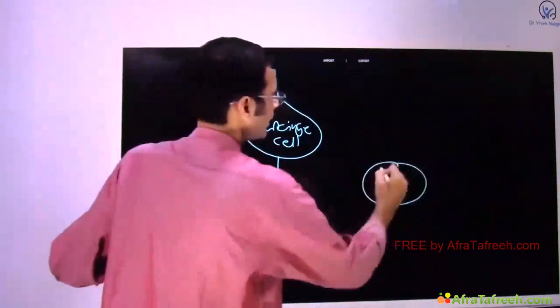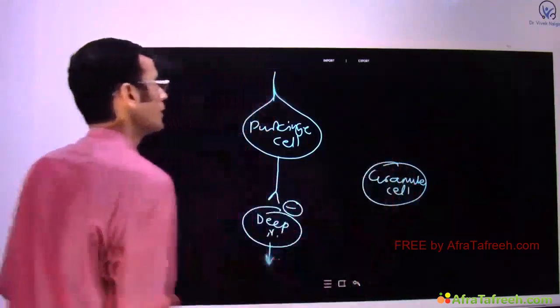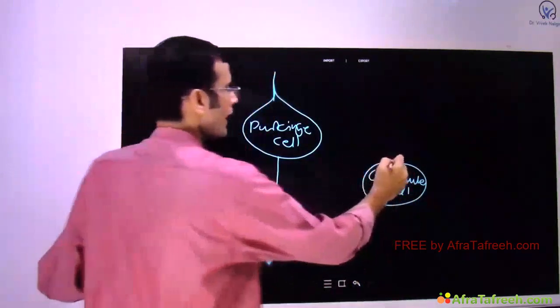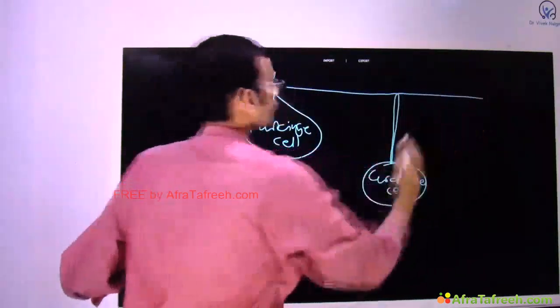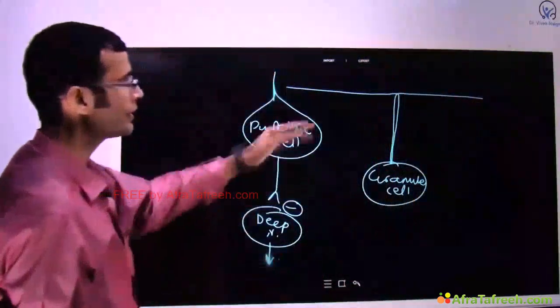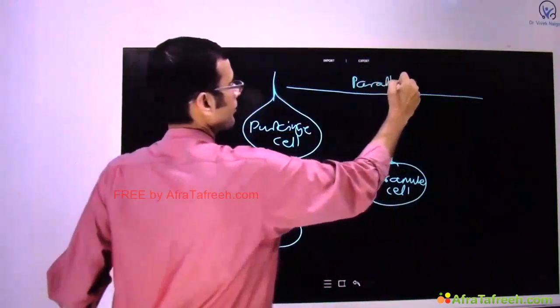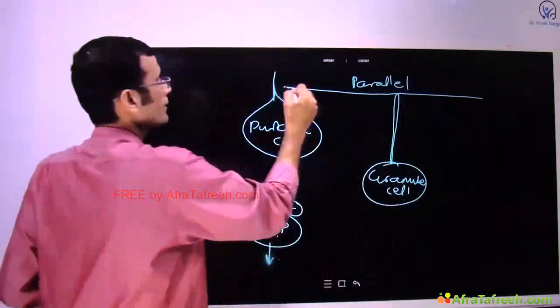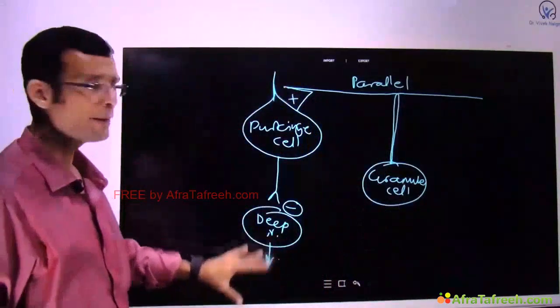There is another cell called the granule cell in the cerebellum. Granule cell gives out short axons which run to the superficial layer of the cerebellum, and they make T-shaped axons called parallel fibers. They will excite the Purkinje cell, and then the Purkinje cell will exert its influence on the deep nuclear cell.